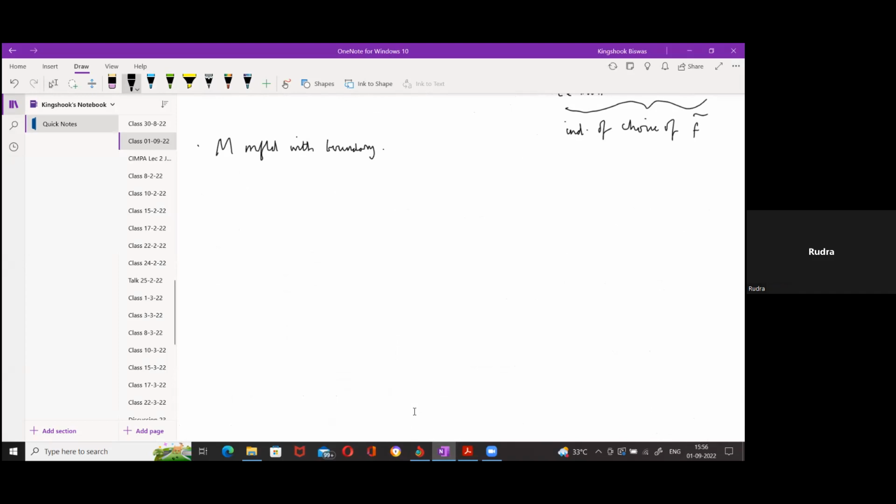And so we say that P in M is a boundary point if phi of P belongs to boundary Hn for some chart phi. In that case, in fact, for any chart psi, psi of P will also have to belong to boundary Hn.